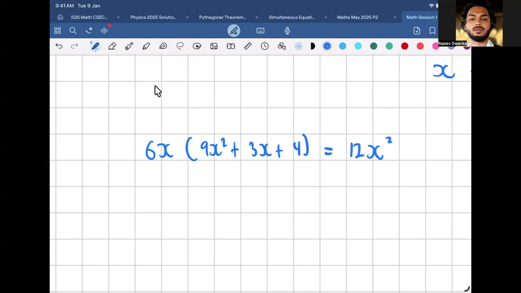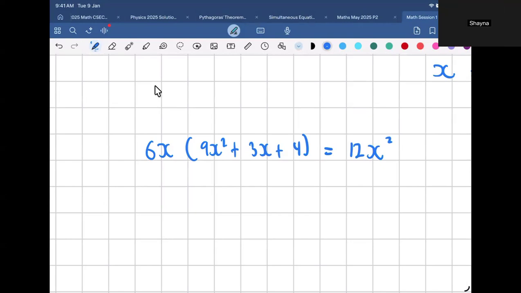If you expand this, first of all, you're going to have to expand a lot of things. You see that, right? You'd have to multiply 6x by 9x squared, and 6x by 3x, and 6x by 4. So Shina, what do you think we could do other than expanding?